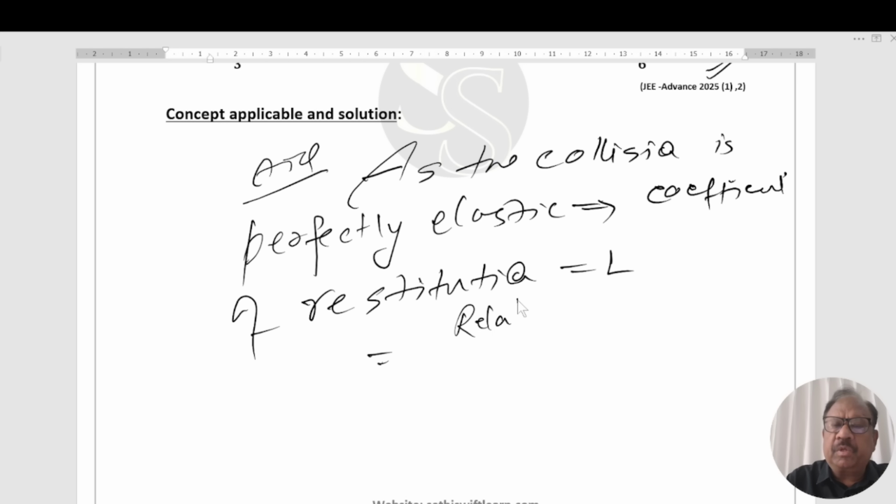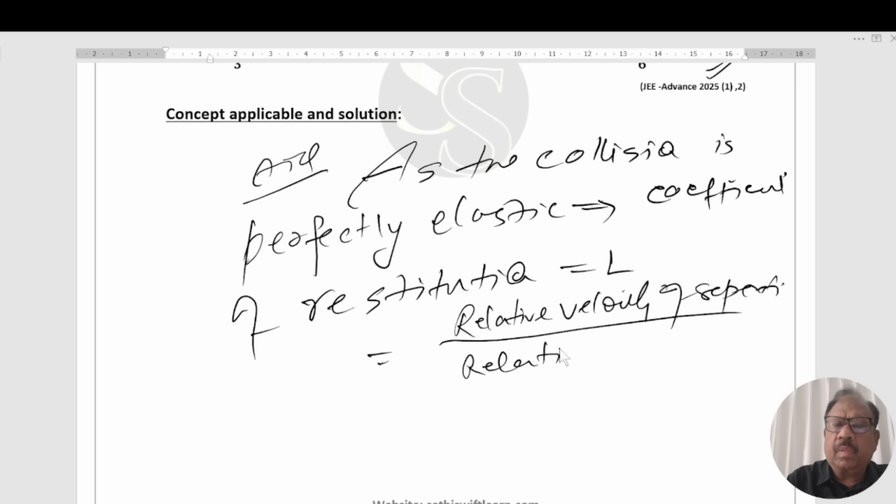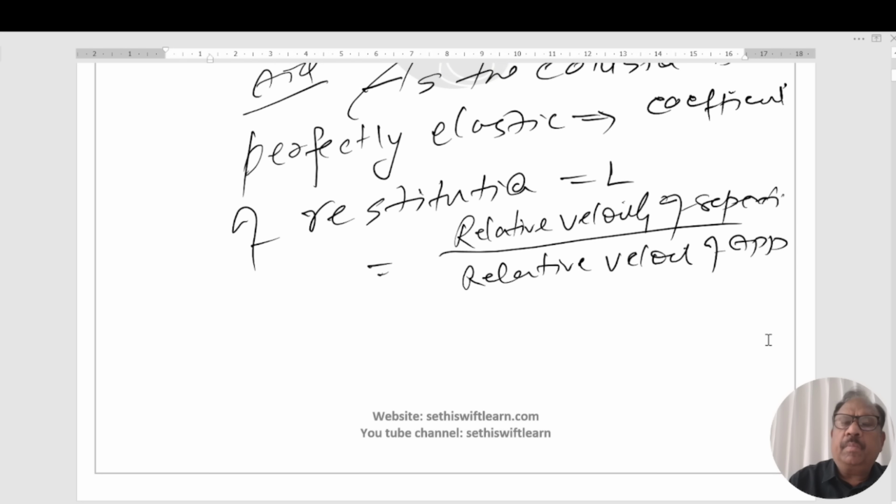It is the relative velocity of separation divided by the relative velocity of approach.